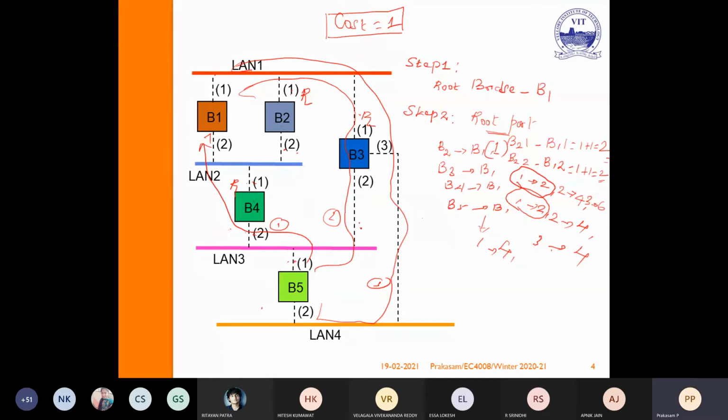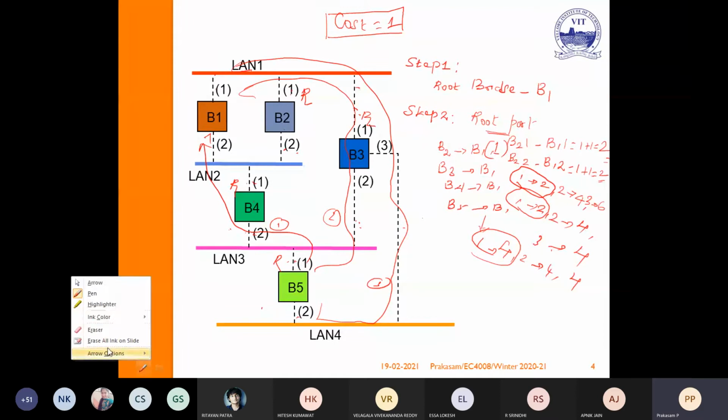Path 2, 1, 1, 1, 1, 4. Path 3, 1, 2, 3, 4. Now a tie is happening in all of them. So if a tie is happening, choose the one having the lowest port ID. So this is the lowest port ID. For B5, this is the root port. So now the second step is over. We have found the respective root ports.